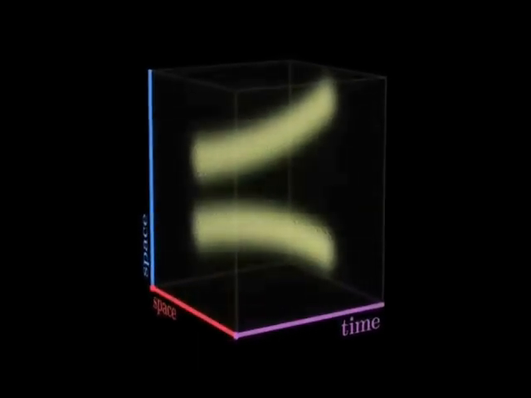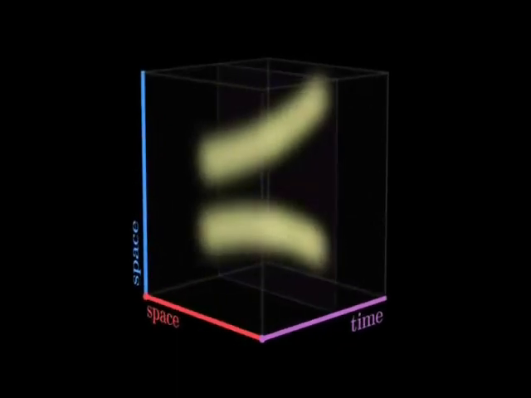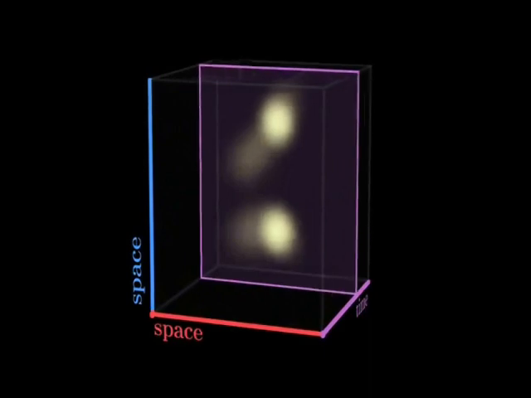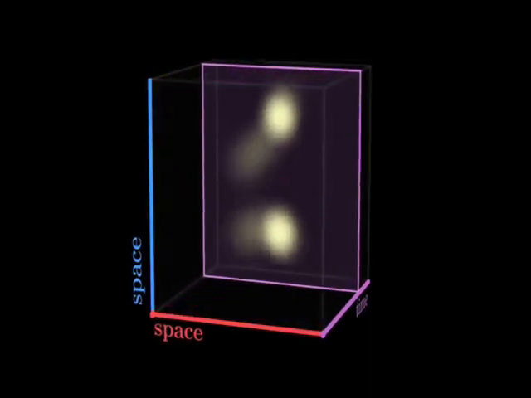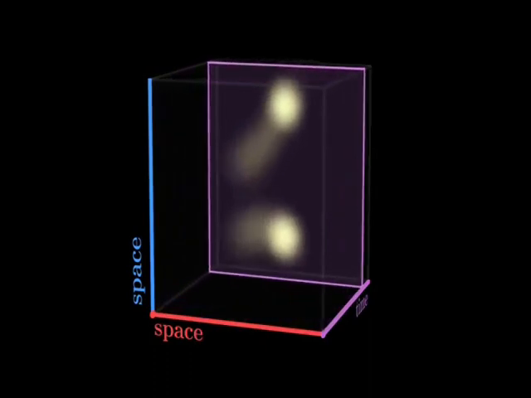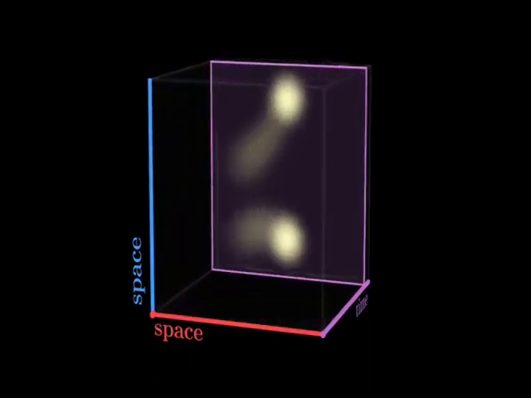In particular, in our example, when we add up all these possibilities, we observe that overall our two electrons are more and more deflected. They feel a force repelling them because of the exchanges of virtual photons. This is the electromagnetic force.